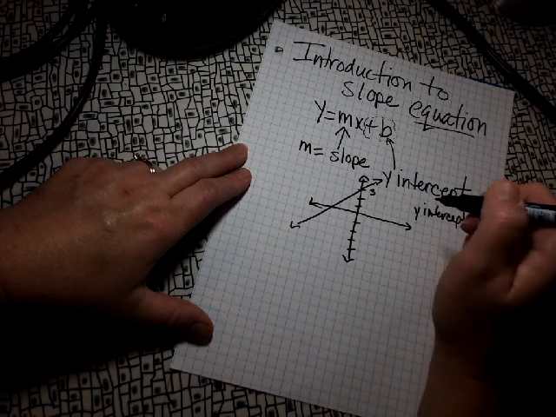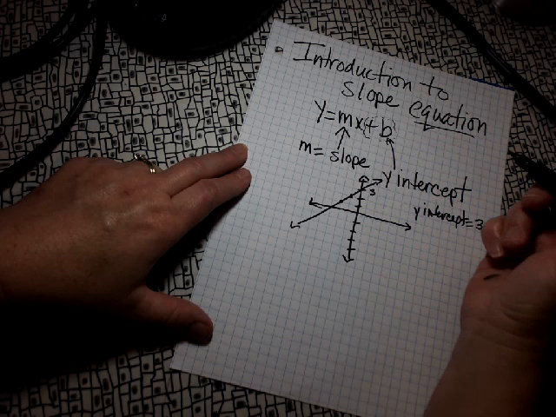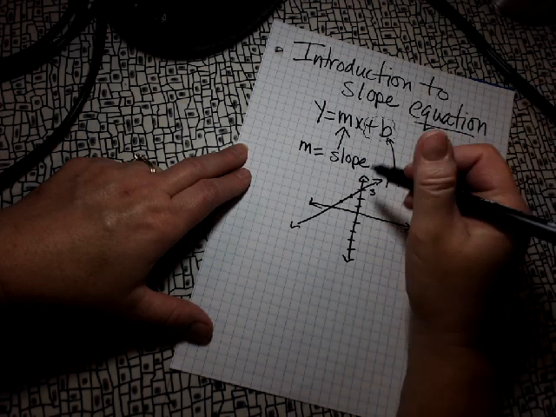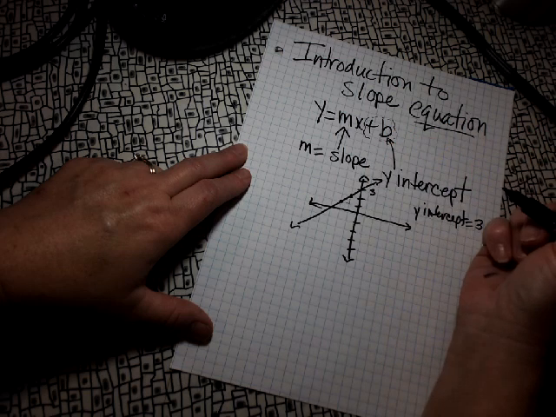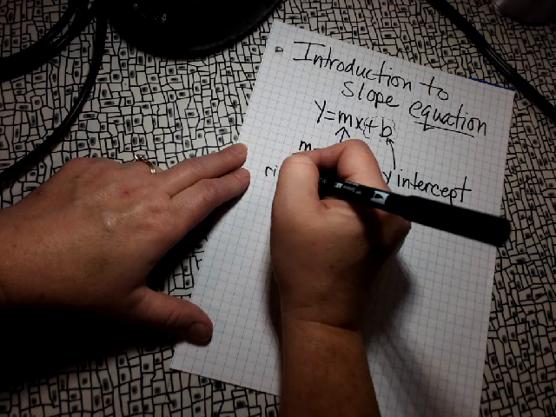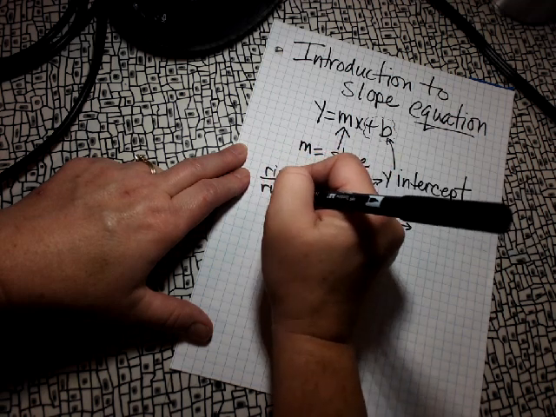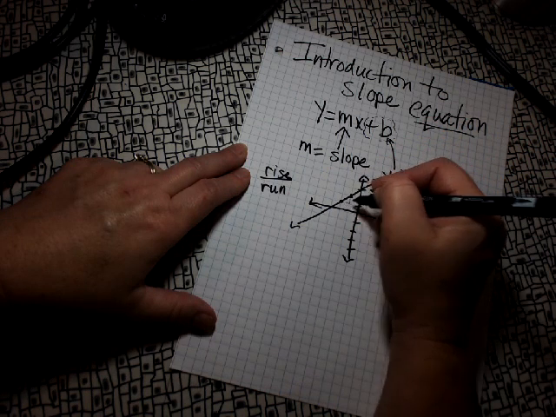Then we come back over to slope. Finding slope, you take 2 points on your line. These are right next to each other, so they're going to be super easy. If I draw my little bitty, teeny tiny slope triangle there, I know that slope is rise over run. Rise, only one, run, only one.